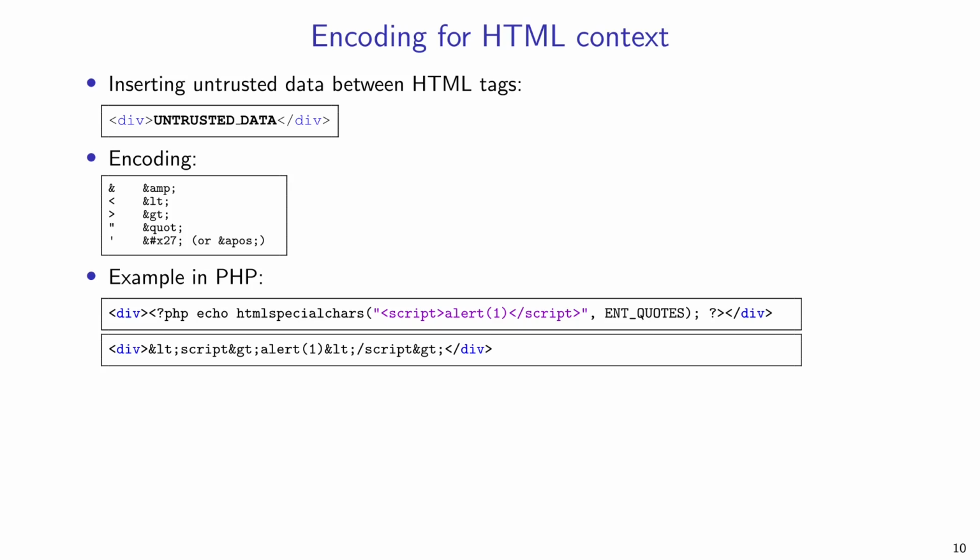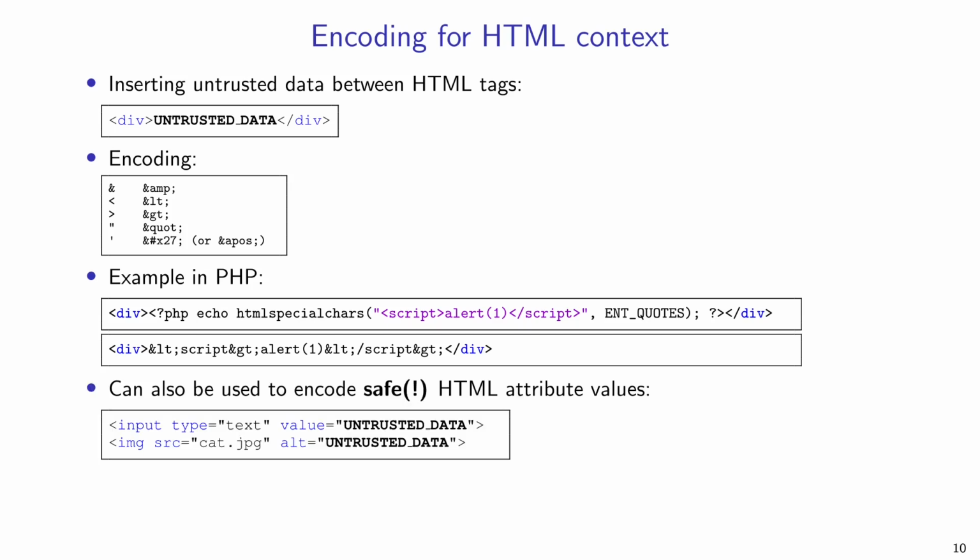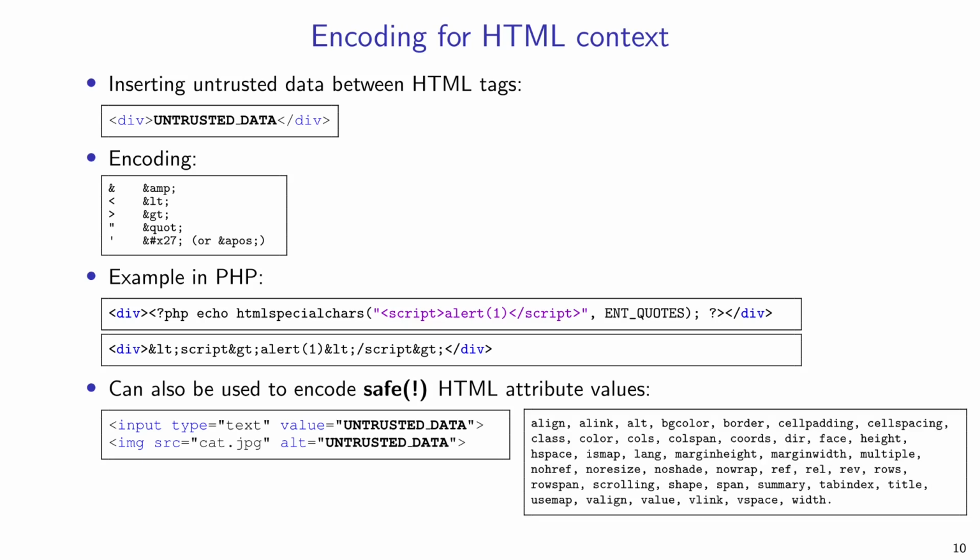Now, this HTML entity encoding can also be used to encode safe HTML attribute values, such as the value attribute in the input tag and the alt attribute in the image tag. So the HTML attribute value is another important HTML context where we may need to insert untrusted user input. But this can be done safely only for a limited set of HTML attributes that are considered safe.